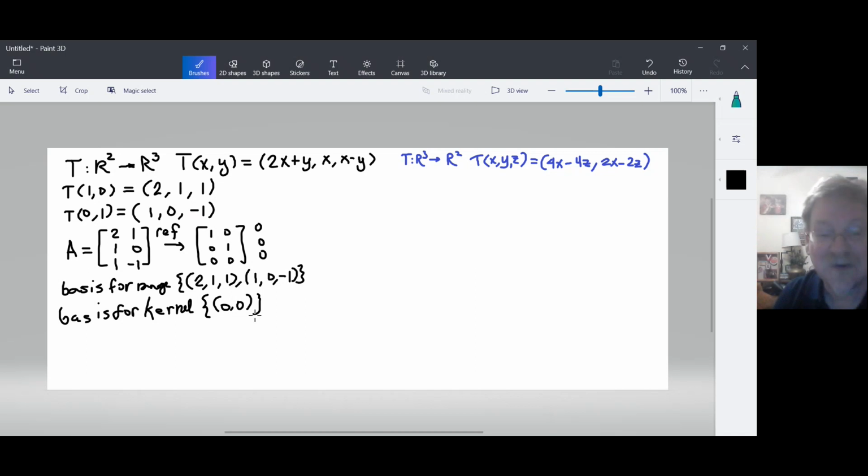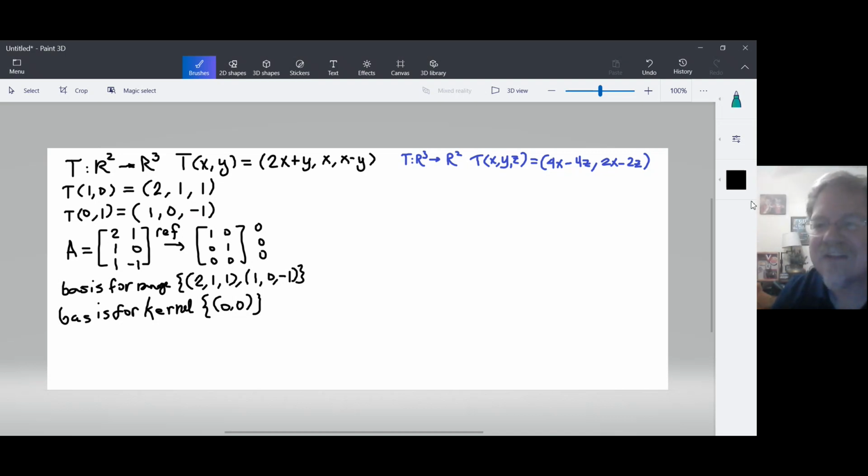So strike that, reverse it. Because the kernel is the zero vector, it is a one-to-one transformation. Because the basis for the range is not the same dimension as the codomain, the transformation is not onto.